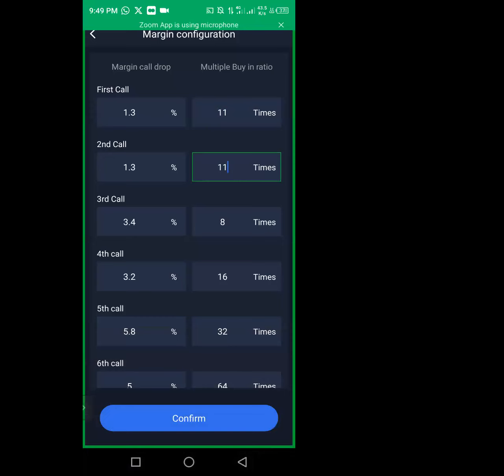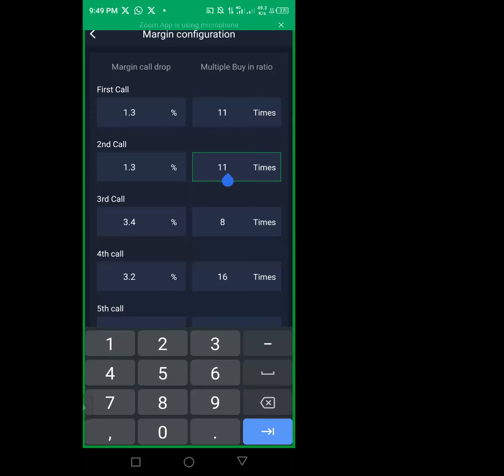Because of what I just explained, you can instruct the robot to use any particular amount of USDT to buy. Royalq designed this place to be the buy-in ratio. Buy-in ratio means instead of this 11 here, whatever you put here, the robot will do.